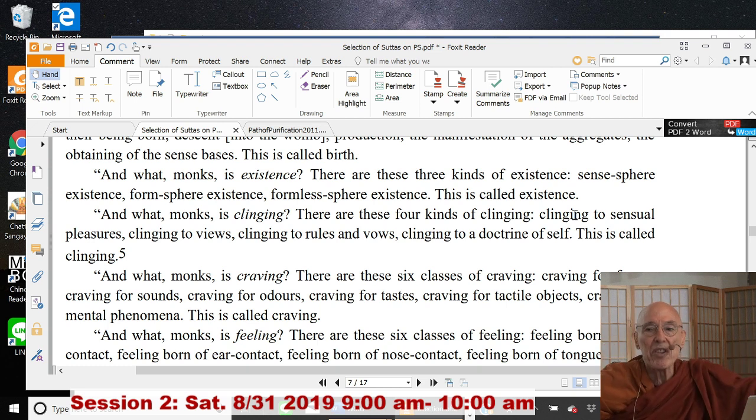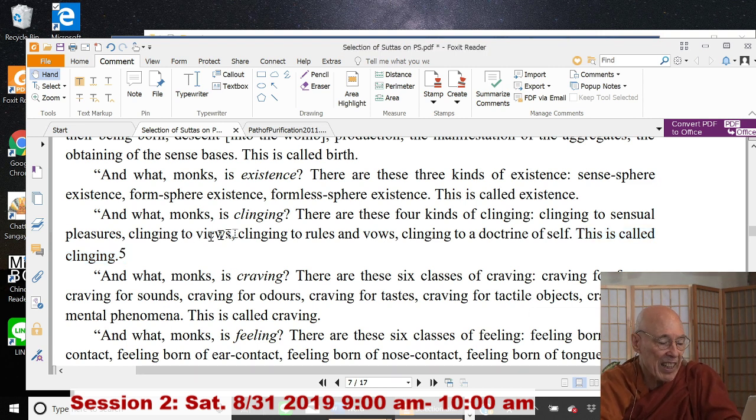So clinging with desire to any object of the senses, of the six senses. This is a kind of expression of greed or attachment. The other three types of clinging are variations, different forms of views.